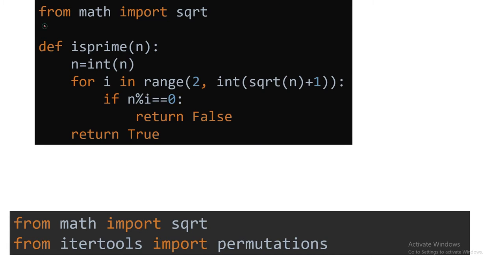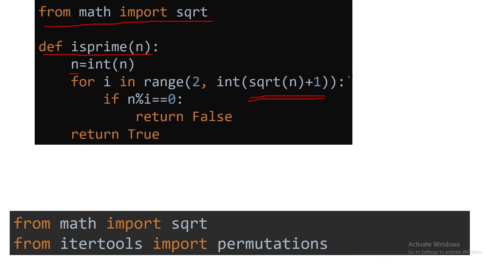From math, import square root. I wrote a function is_prime, where the argument is a number. For i in range 2 to the square root of n plus 1, converted into integer, use an if condition: if the remainder is 0, return false, if not, return true.